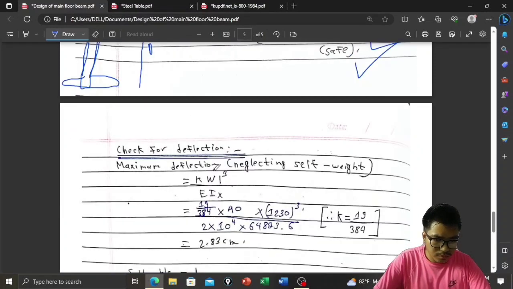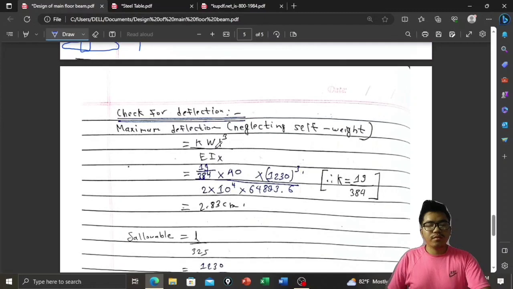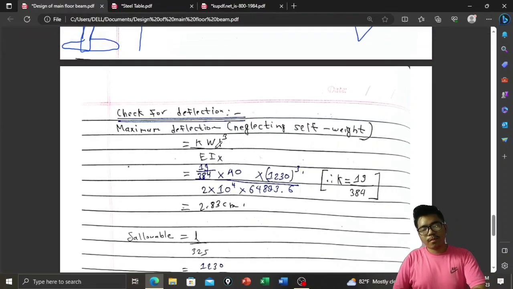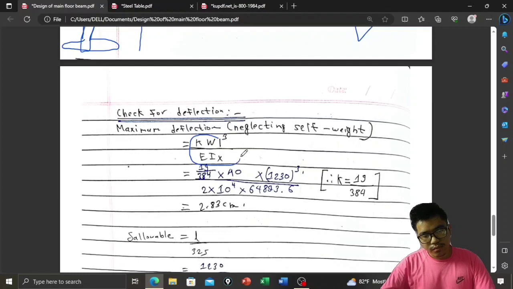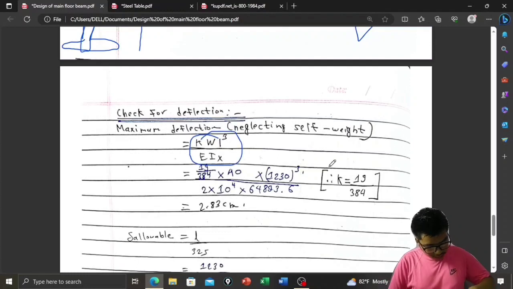And the maximum deflection, the formula is also given in code.